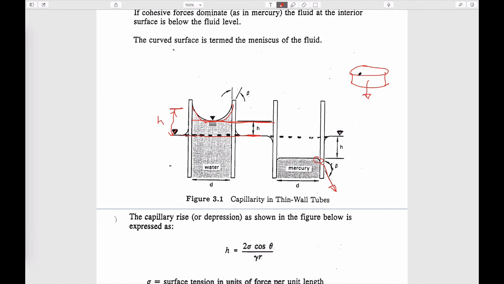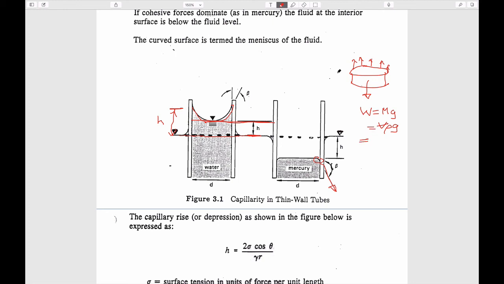And if we do that, we can make a little free body diagram that looks like this. And we can resolve the forces that are acting in both directions. So we have two forces. We have the weight of this acting downwards, which is the mass times gravity, which is equal to its volume times density of water times gravity.